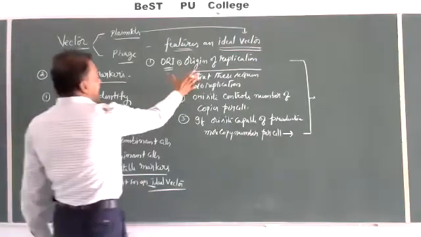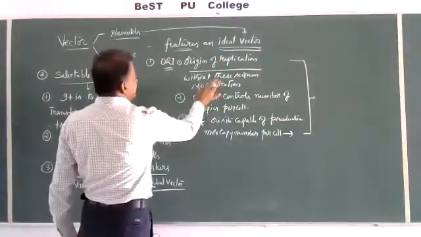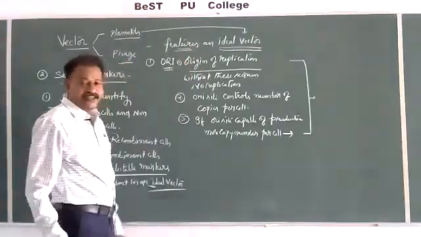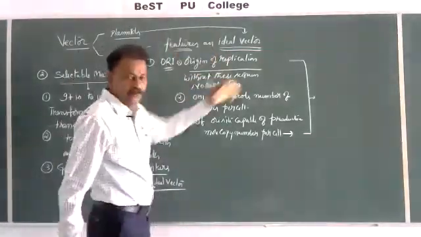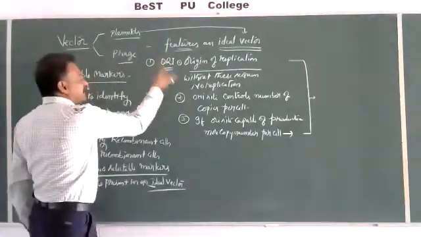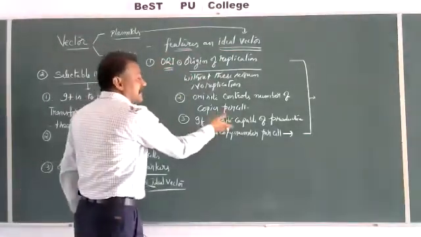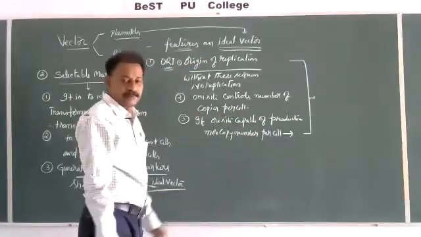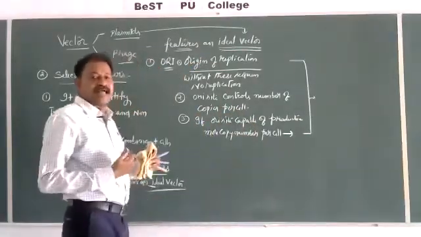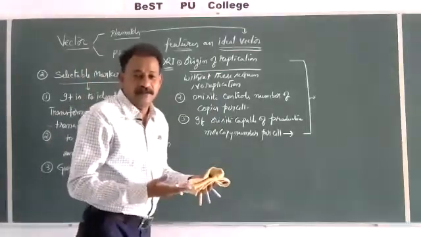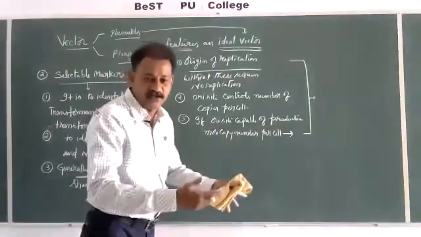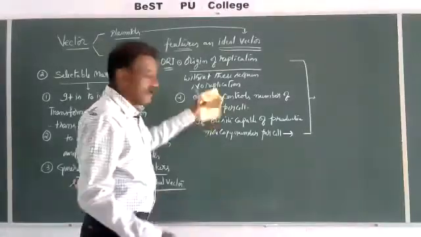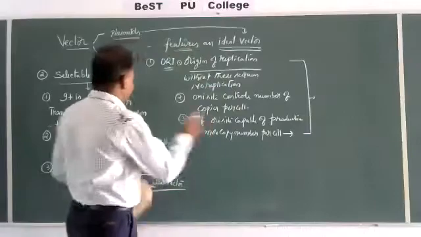So again, origin of replication: without these sequences, no replication. So compulsorily, the RE site is essential. A plasmid or a vector should have it. And what is the specificity of RE? It is able to control the number of copies per cell. For example, we have a mobile which has 2 GB, 8 GB, 16 GB, 32 GB. The more the GB, the more the capacity.